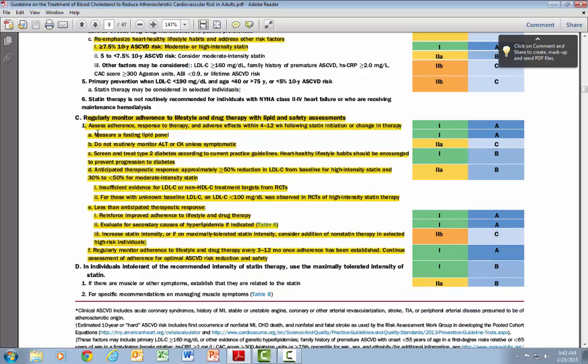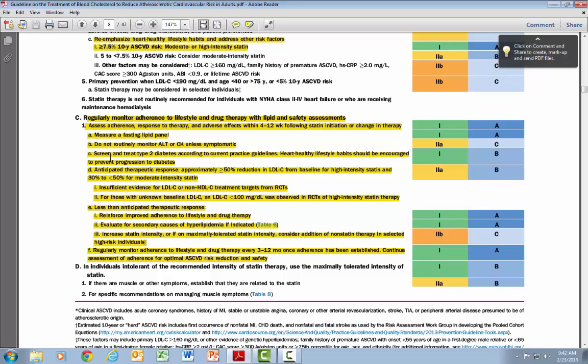In addition to that, you have to assess adherence before increasing the medication. You have to measure fasting lipid panels. You do not have to routinely measure CK or CPK levels unless the patient complains of signs and symptoms of rhabdomyolysis or any type of myopathy.